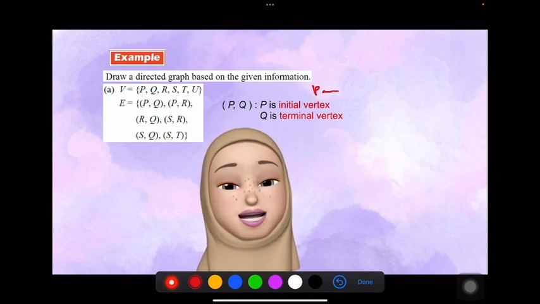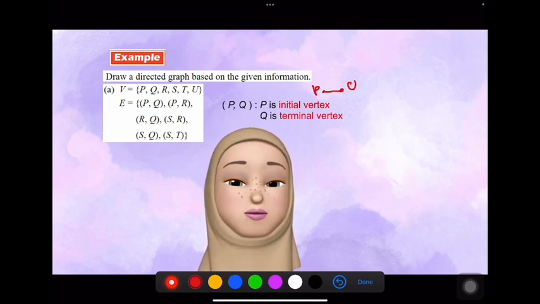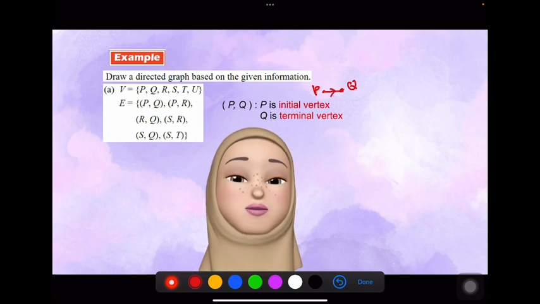So, the edge will come out from P and go into Q.